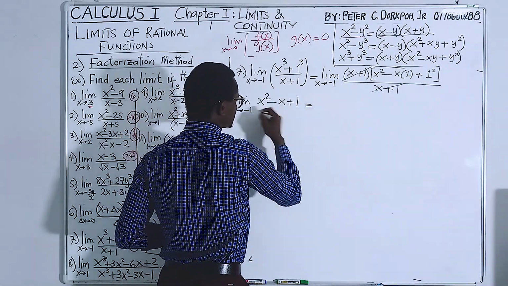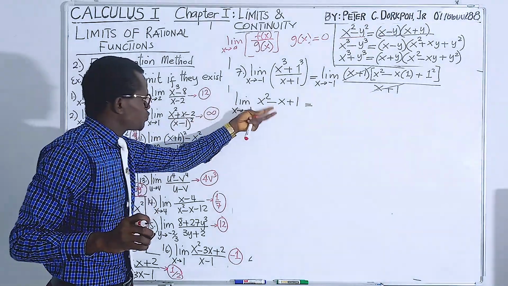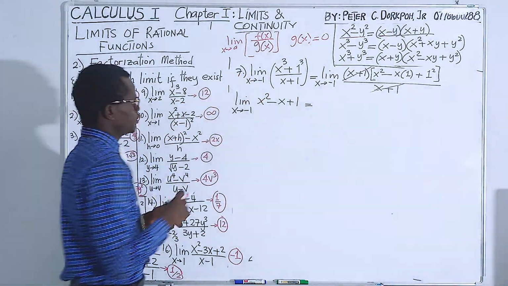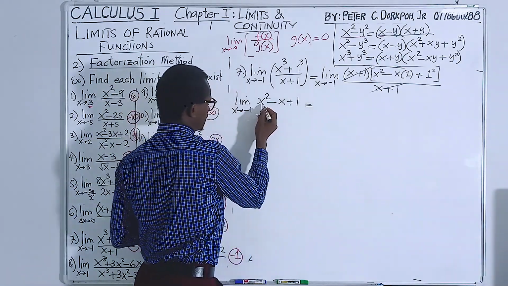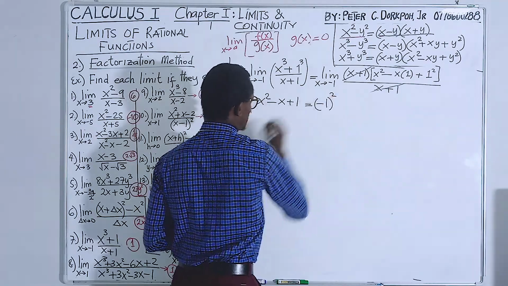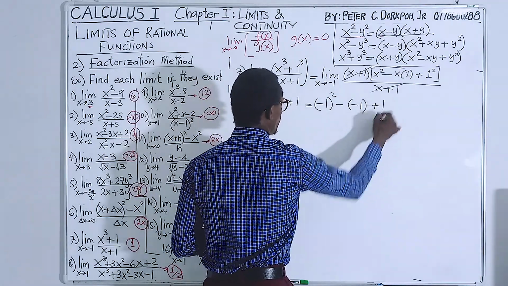So we can now just apply the limit. All of these methods we are using, at the end, after simplifying, are the direct substitution method. So now this is the direct substitution method. Now let's apply the limit. You have minus 1 raised to the second power, minus minus 1, plus 1.